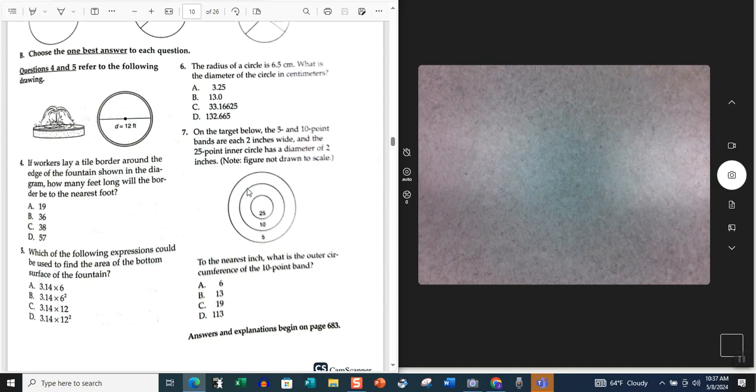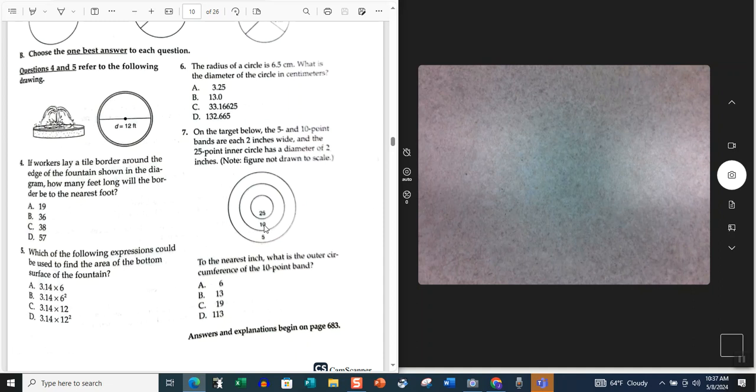So now, they want us to find the circumference of the 10-point band. So the 10-point band goes here through the 25 all the way to here. So we know this is 2 inches, and then this is 2 inches, and this side also must be 2 inches. So that means the diameter of the 10-point band would be 6 inches.